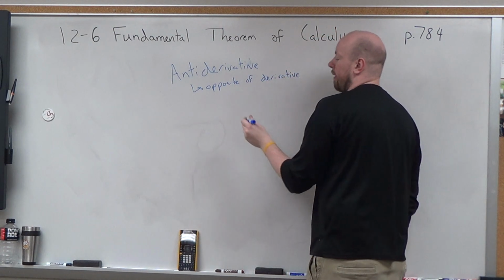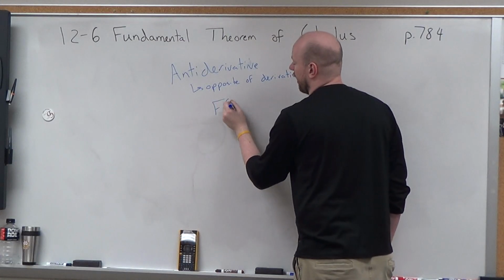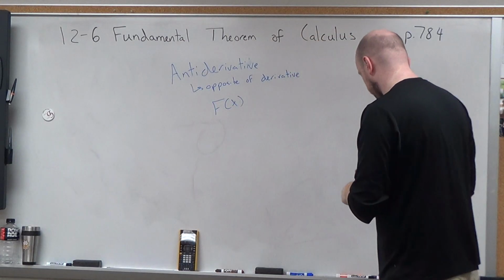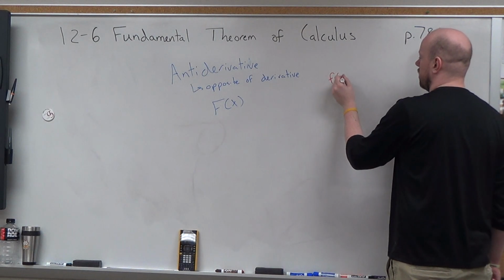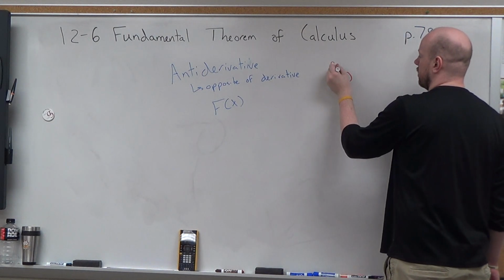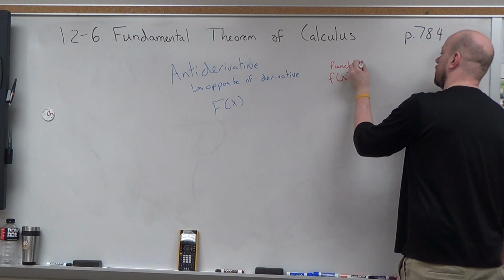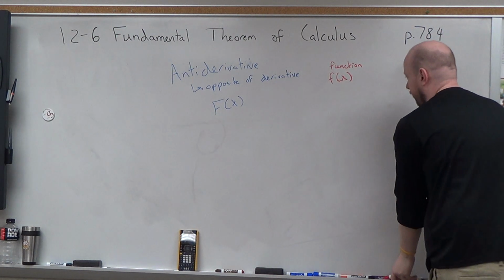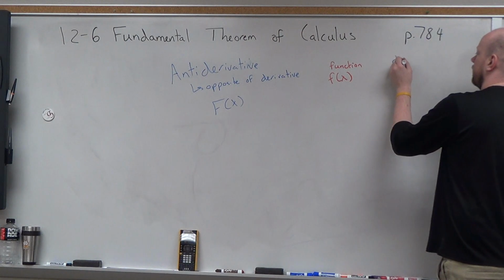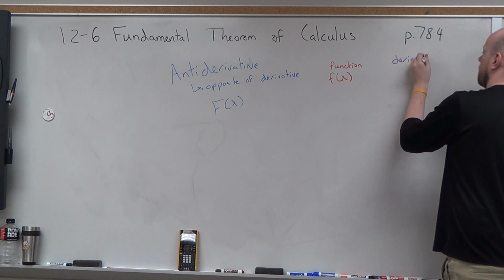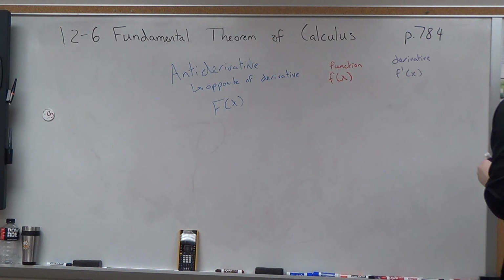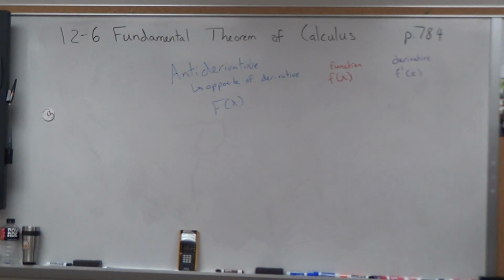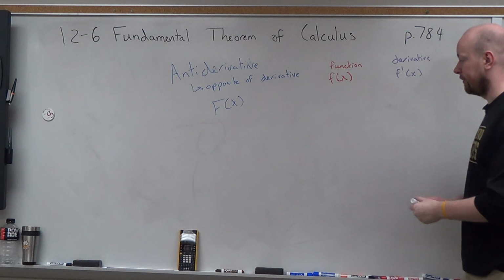It will often be represented as a capital F of x, where, remember when we had just a lowercase f of x, it was just a function. And when we did f prime of x, that was the derivative. So all an antiderivative is actually just the opposite direction.